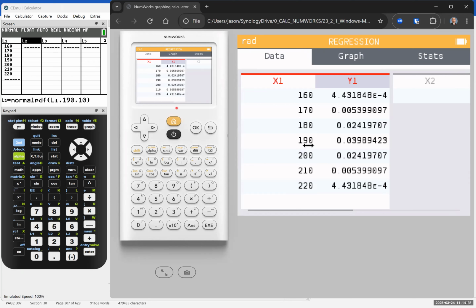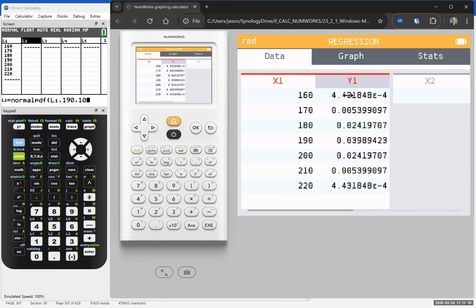Notice that previously, when we put in a value of X of 190, we got a value of Y of 0.0399. So we ended up repeating this calculation, but now we could do a batch set of calculations here.